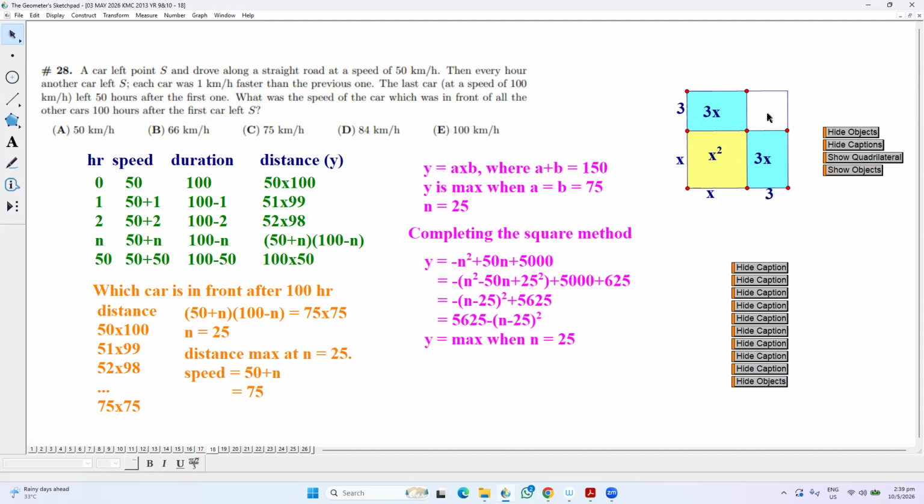We must add here 3 times 3, 9. Complete the square. So that's why we divide by 2. If 6x, then we split into 3x, 3x. So that's why we know it's 3 here, 3 here, so it's 9.